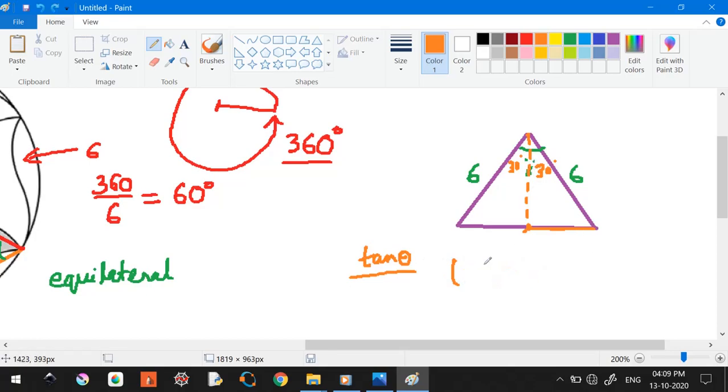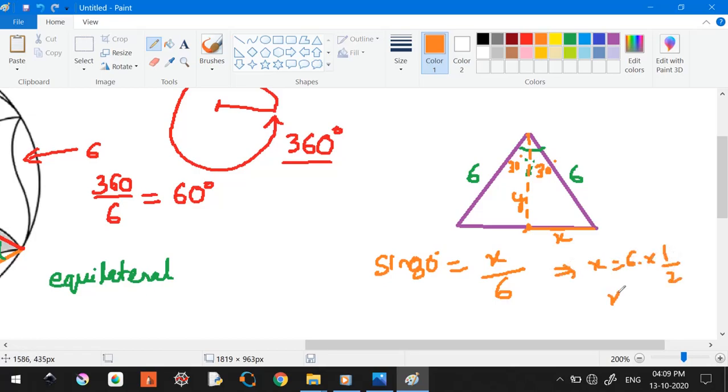We have the hypotenuse, so we have to take sine. So sine 30 is going to be the opposite side, let's say this is x and this is y, so x by hypotenuse, which is 6. So x is going to be 6 into sine 30. Sine 30 is half, so x is going to be 3.